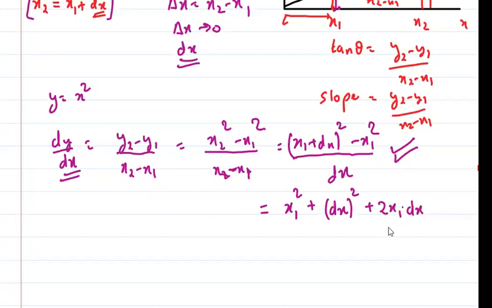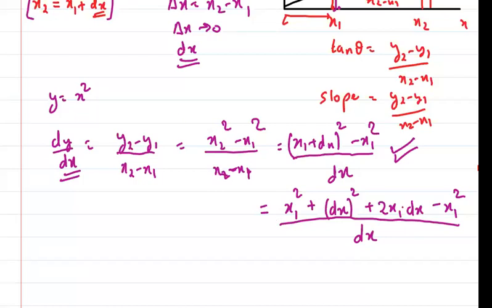Clear? हाँ है ना? Minus x1 square by dx. Yes or no? Anyone have any doubt till this point? किसी को दिक्कत है यहाँ तक में? भावना, भवानी, प्रहलाद, clear? Okay.